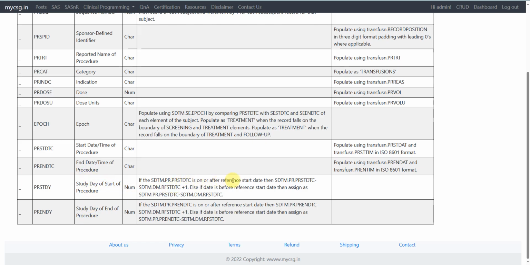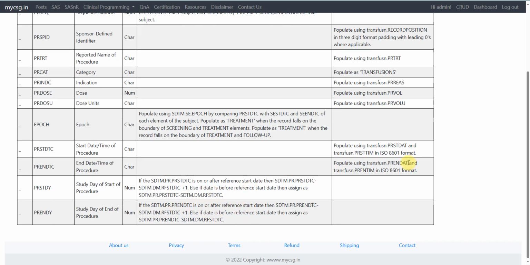So we are being asked to check PRSTDTC whether it is on or after reference start date. So if it is the case, we are being asked to add +1 to the difference between PR start date and reference start date. Otherwise, we just need to populate our PRSTDY with the difference between PRSTDTC and RFSTDTC. Same goes with our PRENDY, but we will be using PRENDTC.